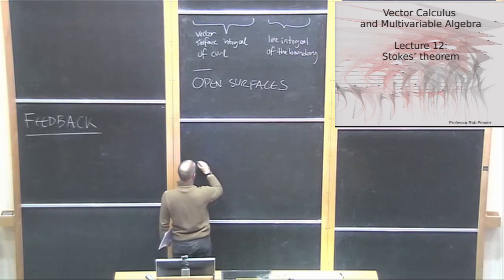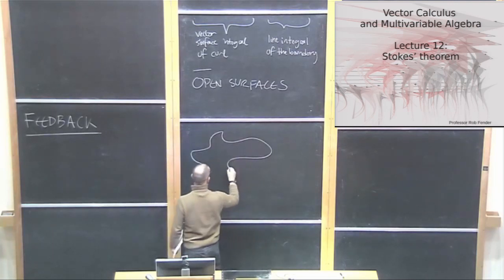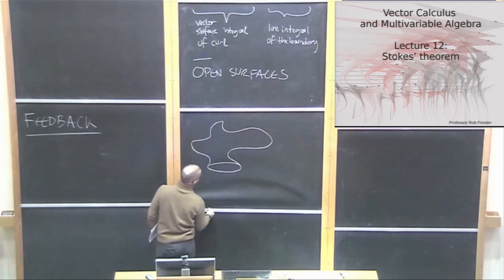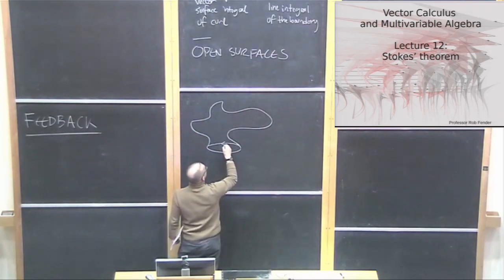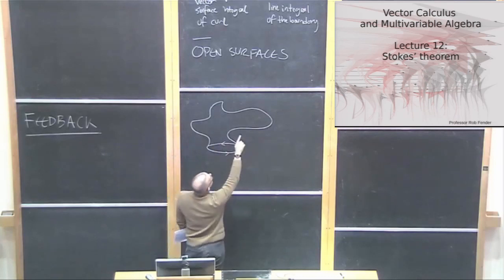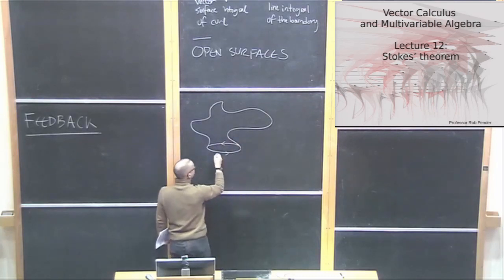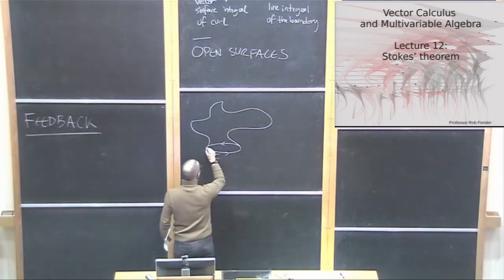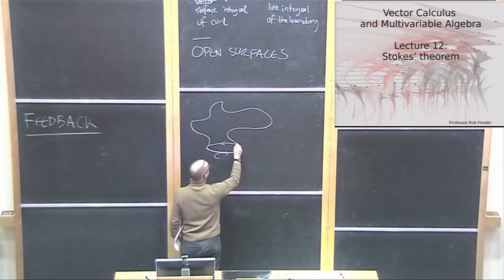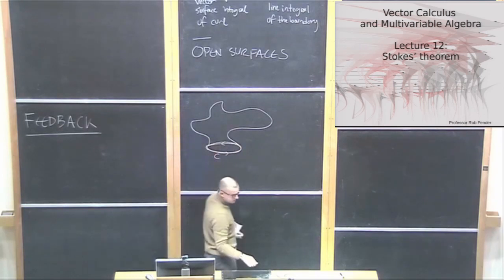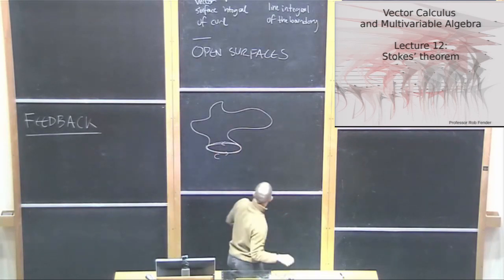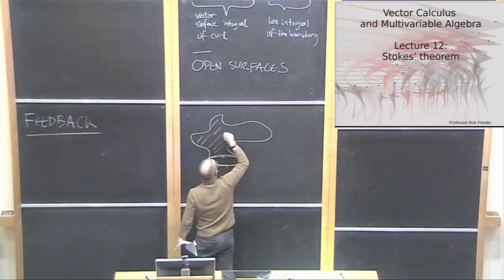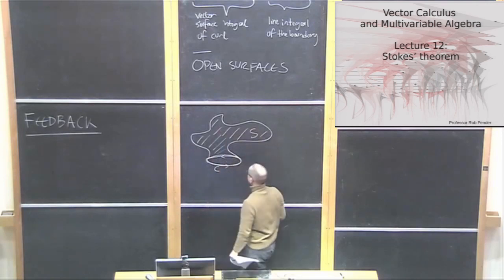If I have some surface which looks like that, which has some boundary like that, then the line integral round here is your term on the right-hand side. So this loop here is C. And all of this, that is the surface S.